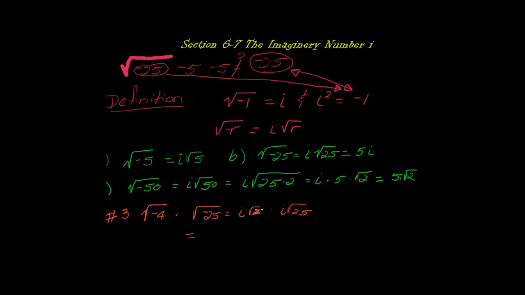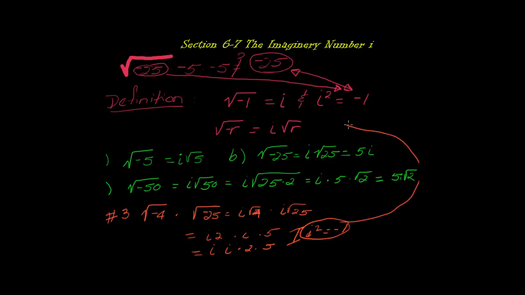This is 4 over here. So this is i times 2 times i times 5. Now, this is equal to i times i times 2 times 5. Now, very important, remember that i squared is equal to negative 1.